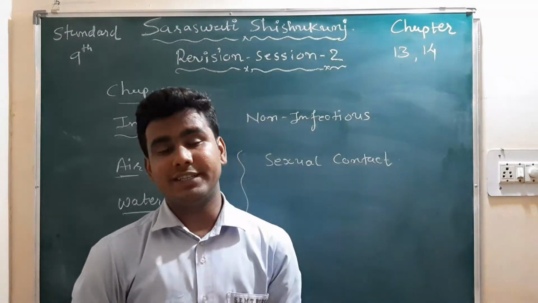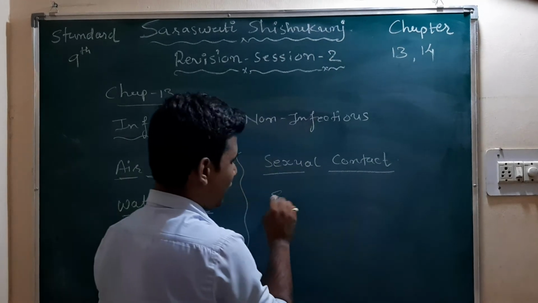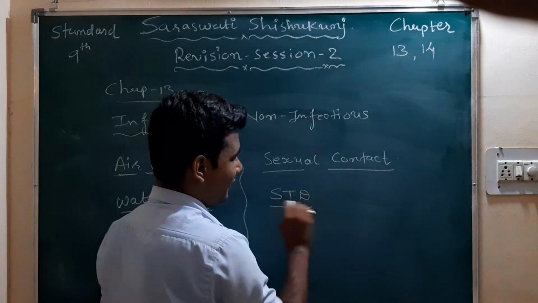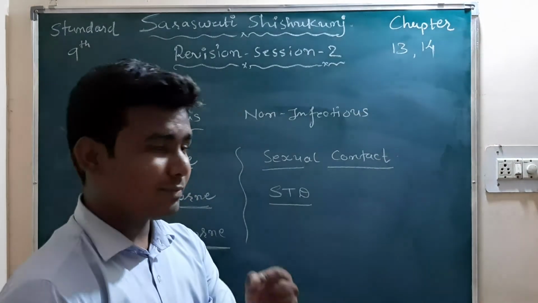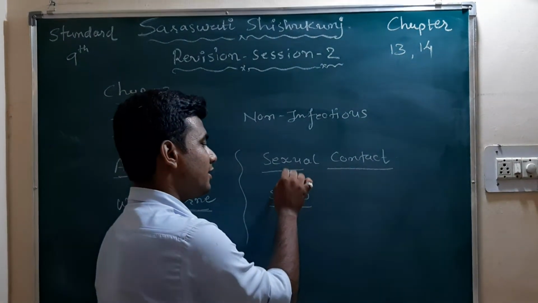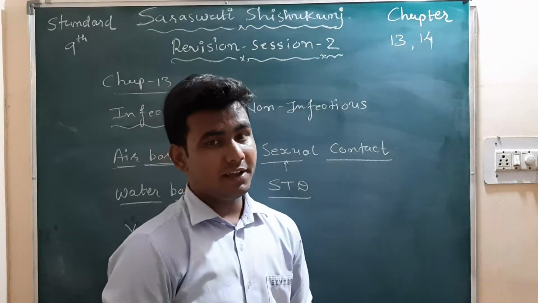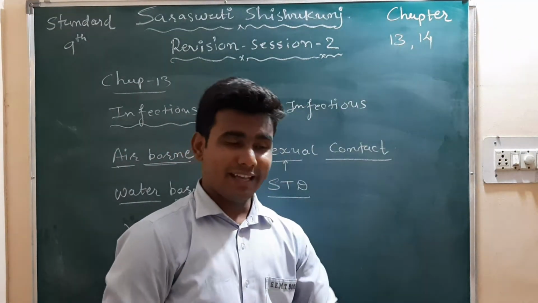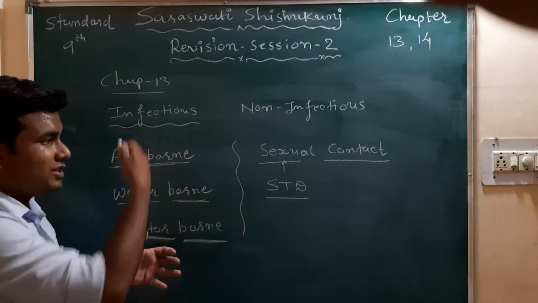And some of the diseases are called STD, that is, sexually transmitted disease. What is it? Sexually transmitted disease comes in when an affected person has sexual contact with a healthy person, like syphilis and HIV. So this way infectious disease is spread.